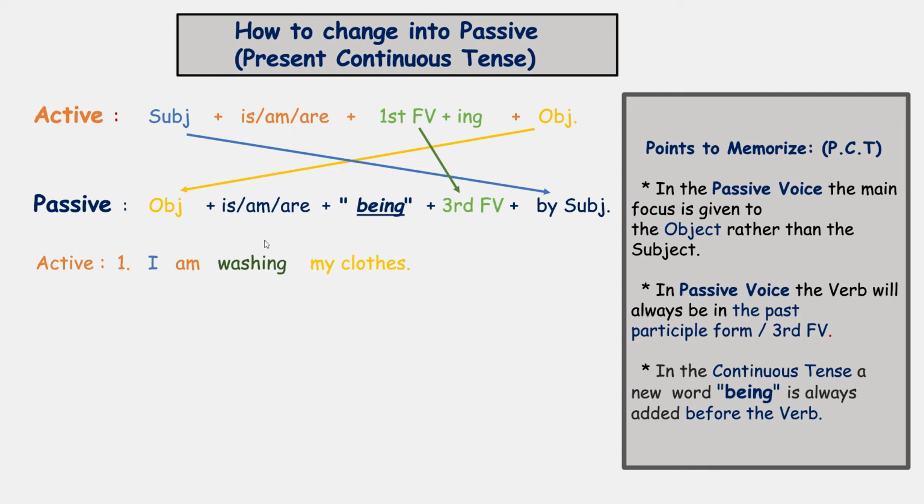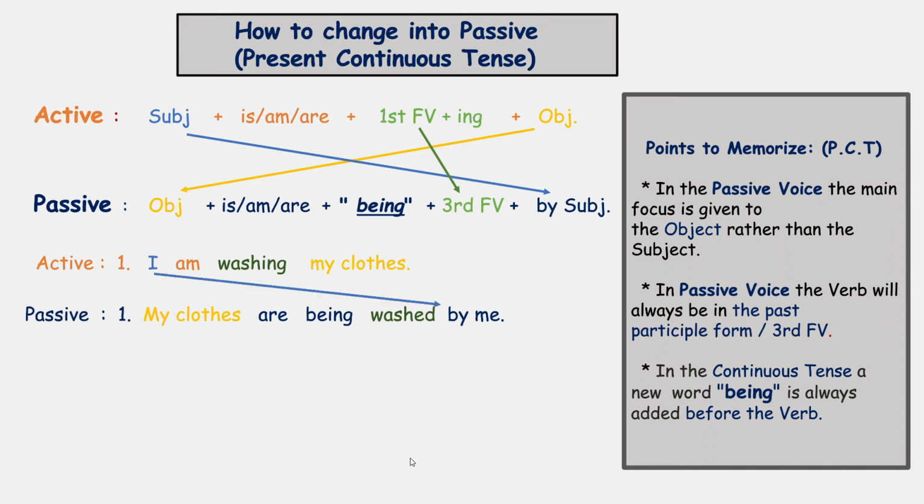Now washing, first form ing, will change into the third form and the subject will go at the back like this: My clothes are being, do not forget being, third form washed by me. Got it? The object is given more importance, that's why it's in the front, and the verb, first form ing, will change into the third form past participle form.